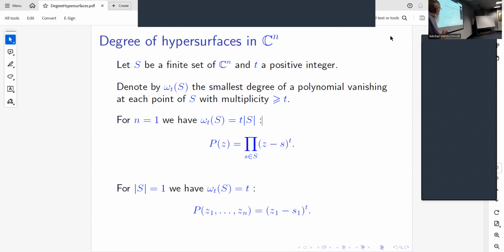So if I have 1 point, omega t of S is just t, since we just take one variable. In one variable, it's just the cardinal of S, and in n variables for 1 point, we have t because we just take one variable.